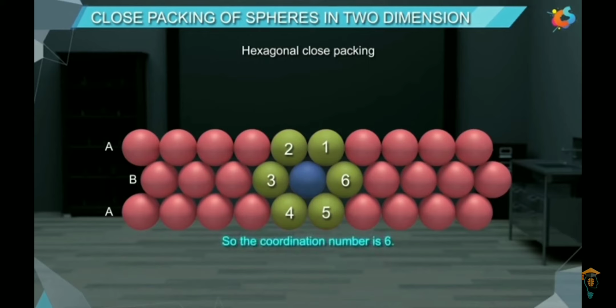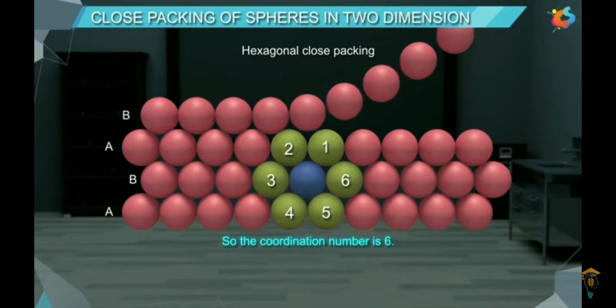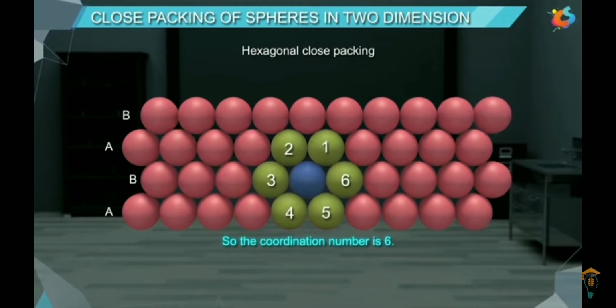Similarly, on placing the fourth layer, we will observe that the fourth row of spheres is aligned with those of the second layer. Hence, this type of arrangement is known as ABAB type of arrangement or hexagonal close packing.